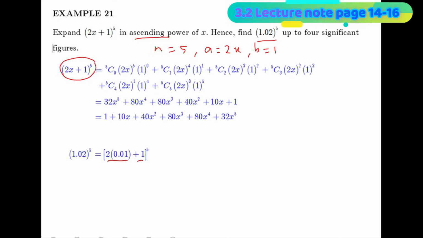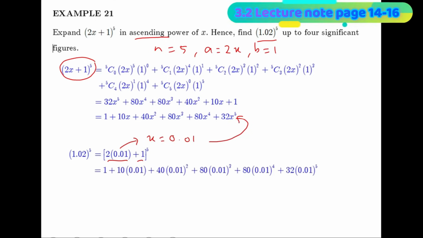And note that our x here is 0.01. With this x, we substitute into the binomial expansion that we found earlier to get the following. Calculating it, we get 1.02 to the power 5 equals 1.104, correct to 4 significant figures. And we're done.